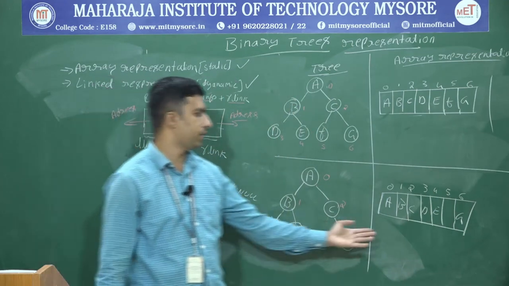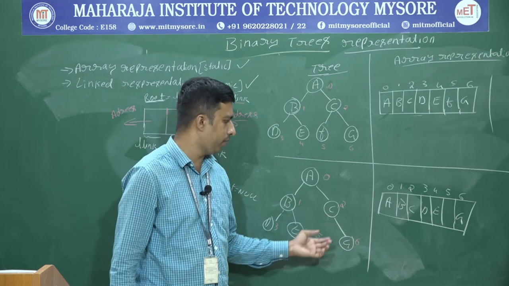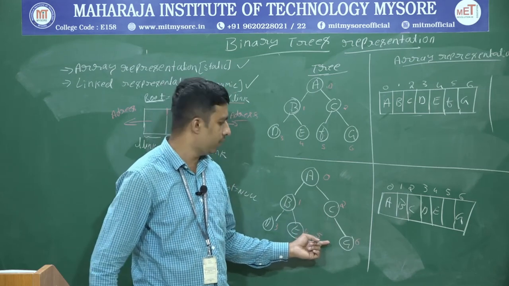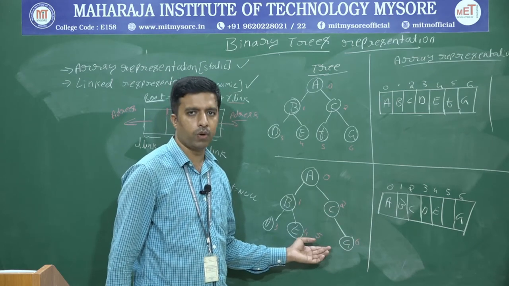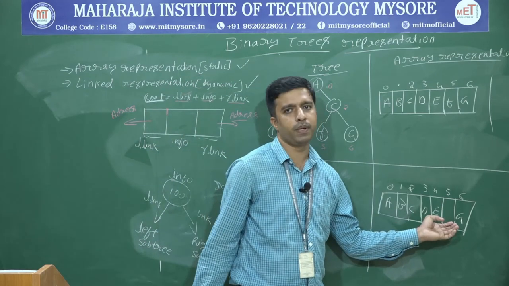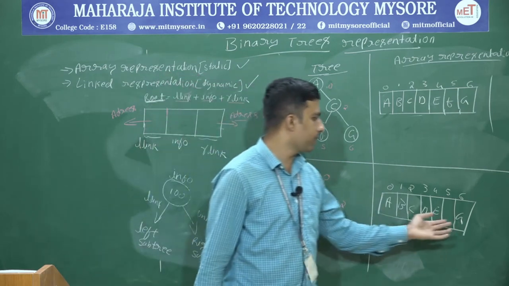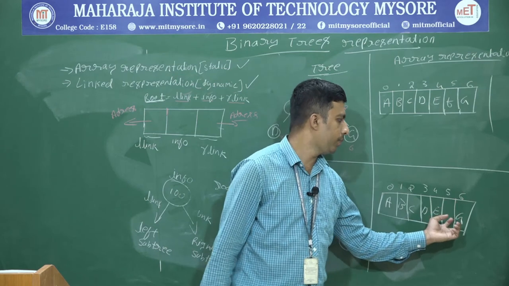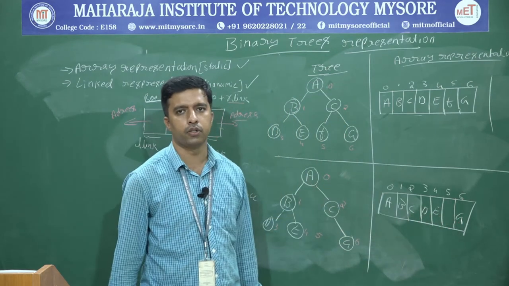This is the array representation. In some situations the tree may not consist of the node F. Statically the size is fixed, so when you encounter that the 5th location is empty, you have to leave the 5th location empty. It continues like that.